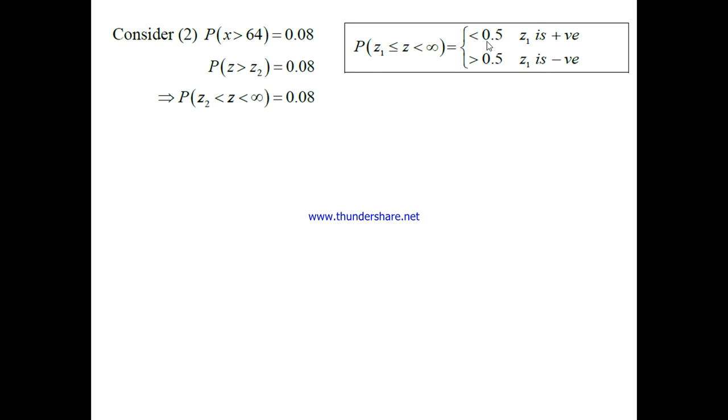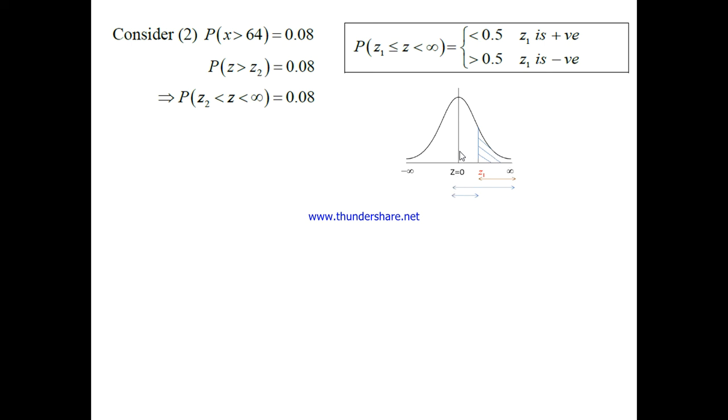And when it is less than 0.5, based on the note which we have already discussed, the value for Z is a positive value. And when it is a positive value, this gives the area under the standard normal curve bounded by Z to infinity. That is, first we'll find out the area from 0 to infinity.